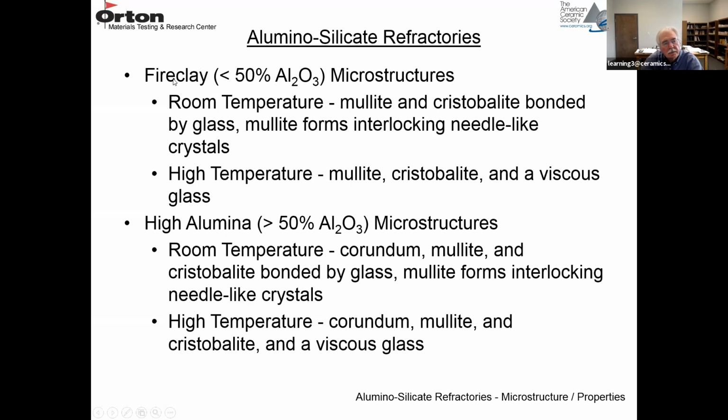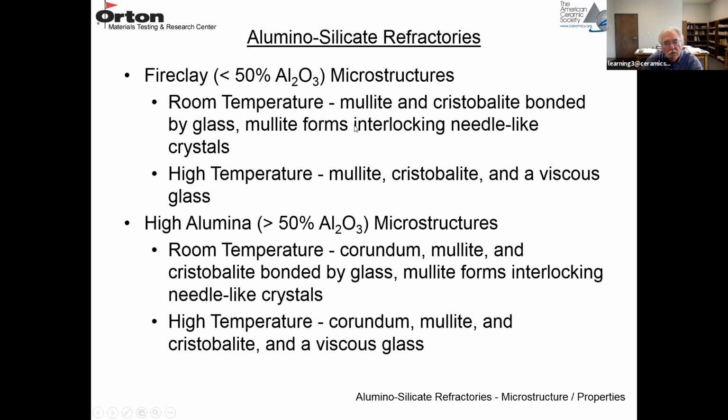So if we look at fire clays, less than 50% alumina, and we consider their microstructures, well, at room temperature, you're going to have mullite crystals, you're going to have cristobalite, and they're going to be bonded by a glassy phase in the matrix. And the mullite forms long needle-like crystals.